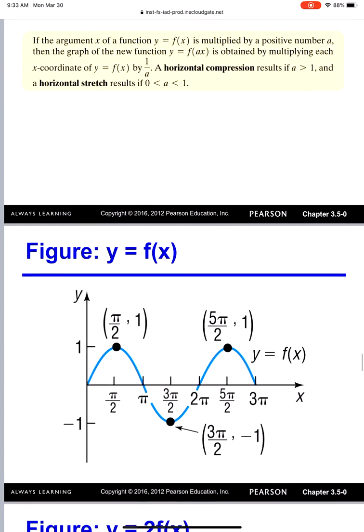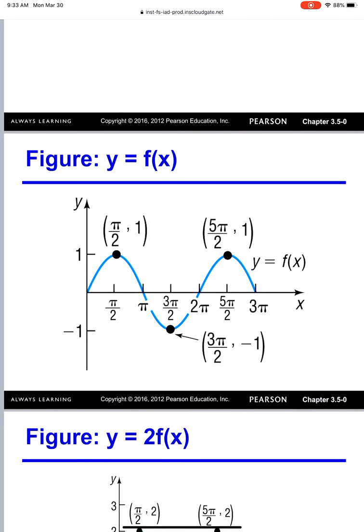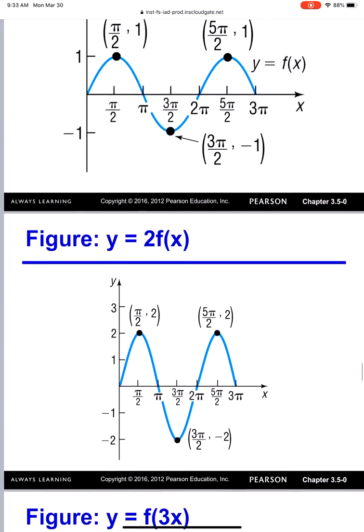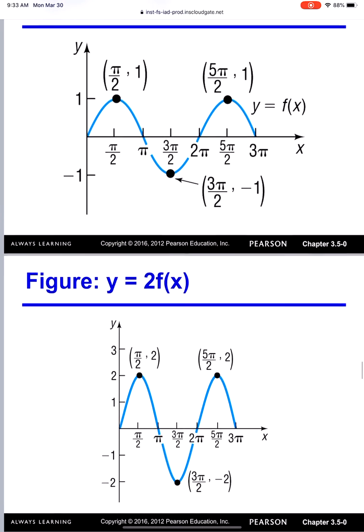Okay, so how does this look like? So here what you guys see, you see the function of sine. This is the trigonometric function, but this is the original graph. So you see a couple points. So I want to explain how the graph will behave when we're dealing with horizontal stretch or compression.